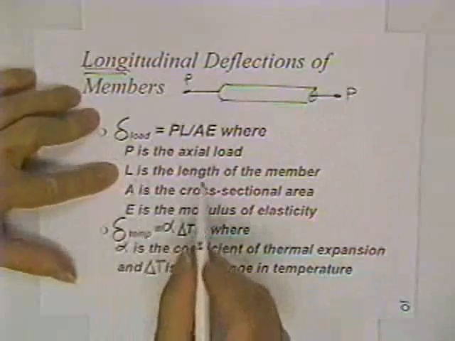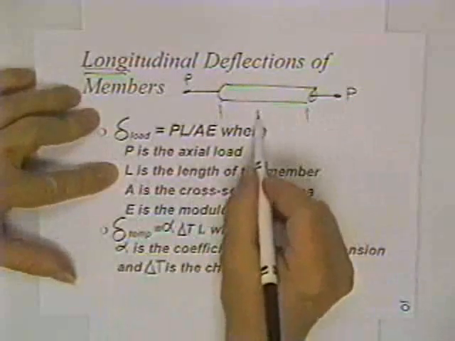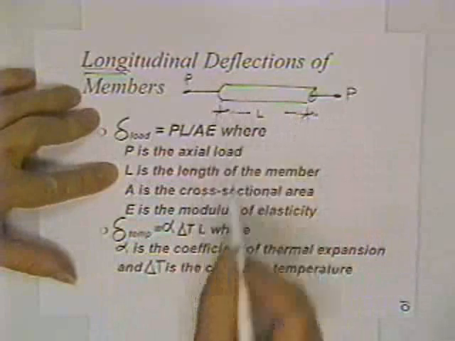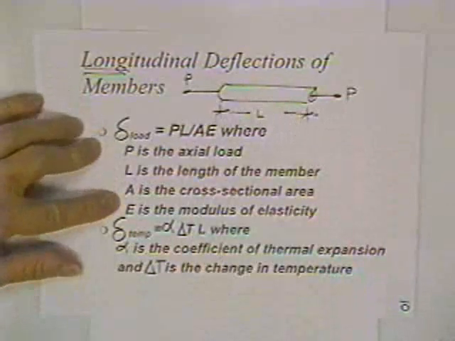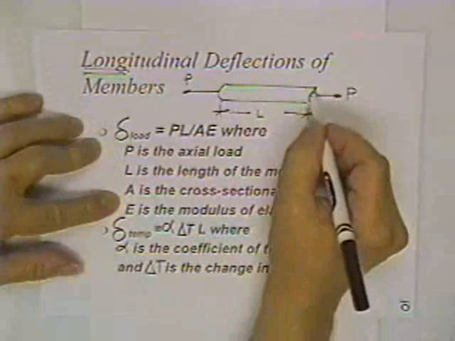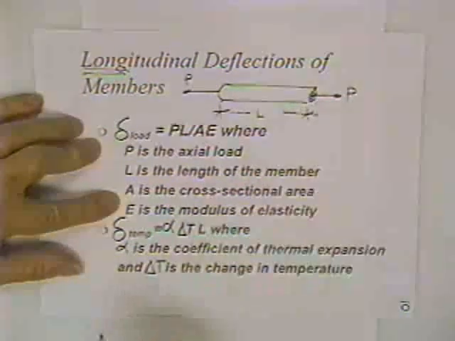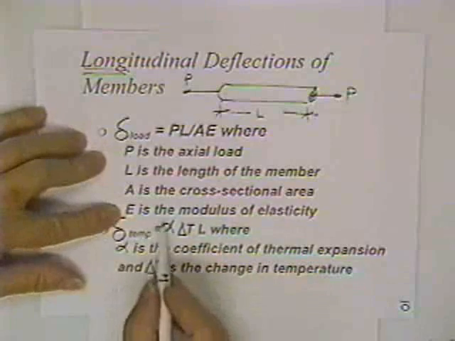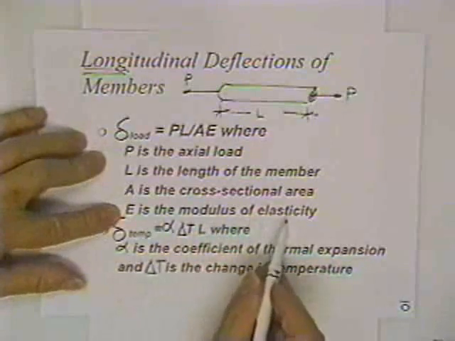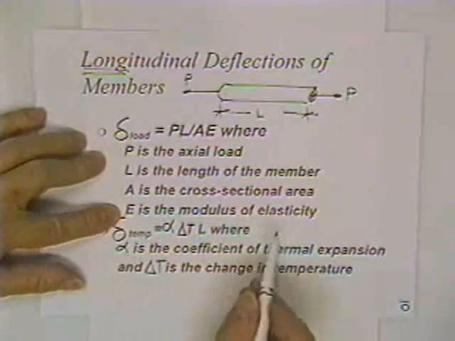The length of the bar is L. The area is the cross-sectional area right across the load, across the axis of the load. And E is what they call the modulus of elasticity of the material.